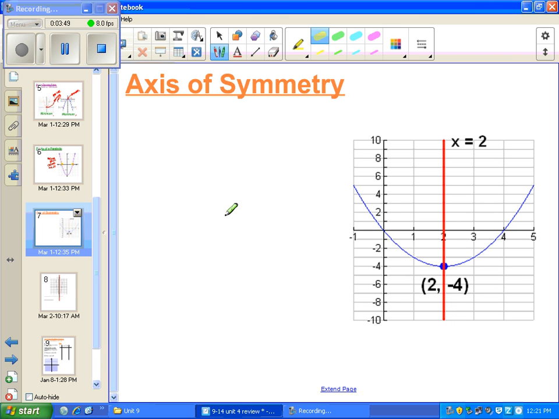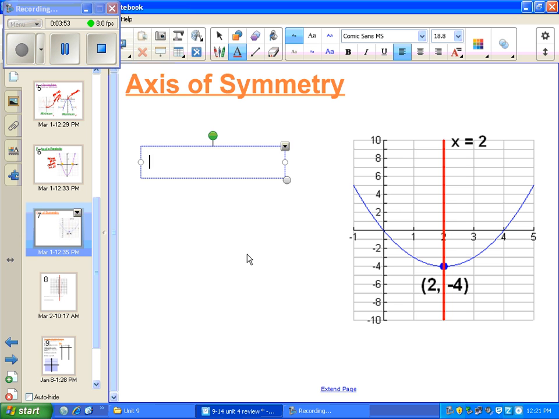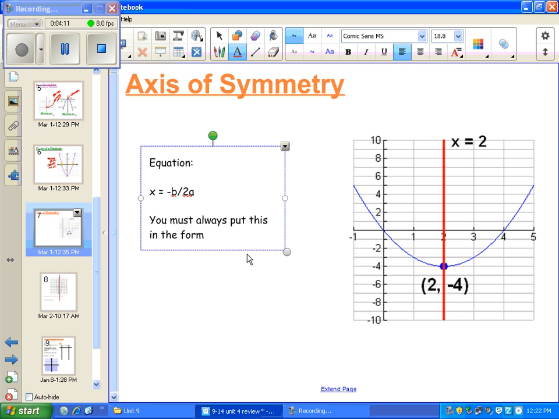Okay, the next thing is the axis of symmetry. So what you need to know for the axis of symmetry is the equation. The equation is always x equals, and then it's going to be -b divided by 2a. You must always put this in the form of x equals.